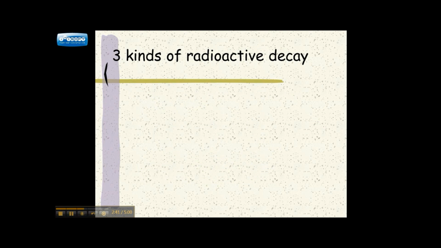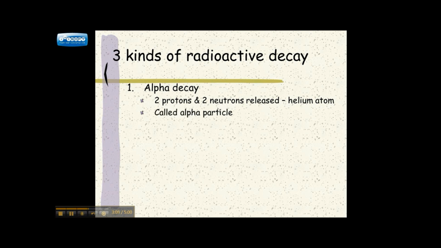So the three kinds of radioactive decay are alpha, beta, and gamma. Alpha decay is whenever you release a particle, and this particle is specifically a helium nucleus. This helium nucleus has 2 protons and 2 neutrons, so the nucleus is releasing 2 protons and 2 neutrons.